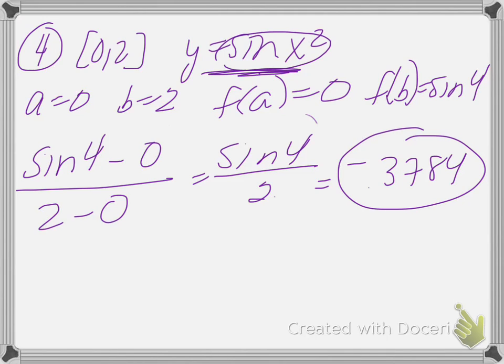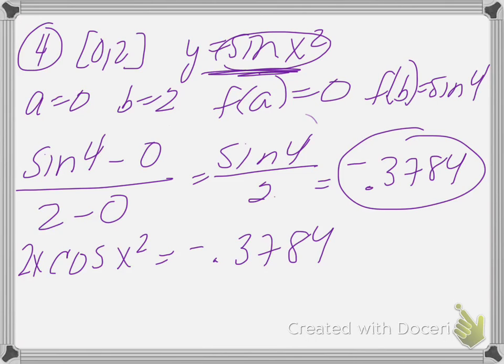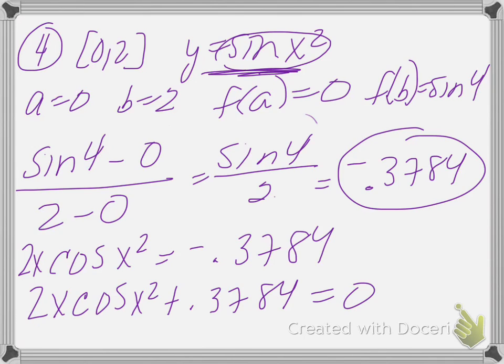The derivative of sine of x squared is going to be cosine of x squared times the derivative of x squared, which is 2x. I'll put that in front. And that needs to be equal to negative 0.3784. So you set this equal to 0 by adding, so that you can put this piece into your calculator.